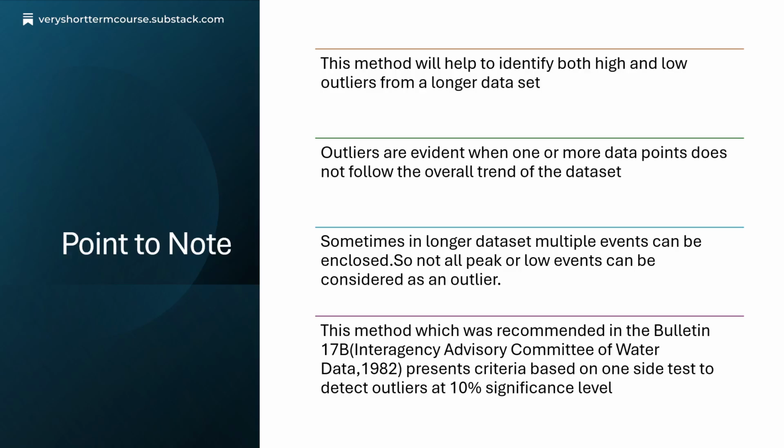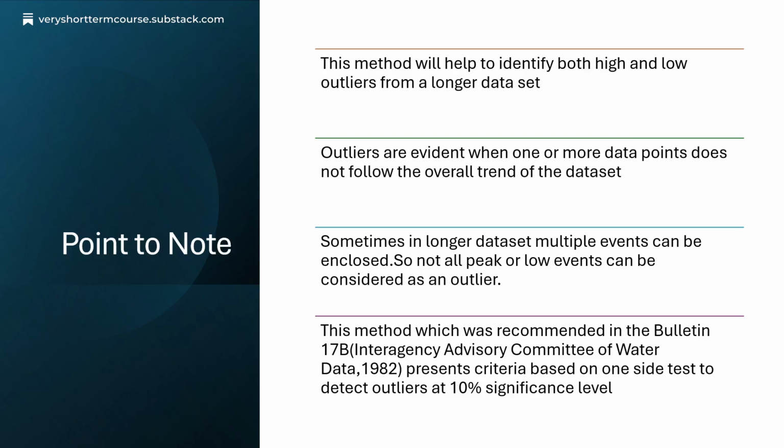Now, some methods of outlier detection can identify only one side of the outlier. That is, either the higher side, the largest value side, or the lower side, the smallest value side. But this method can identify both high and low outliers. By high I mean largest, by low I mean smallest.